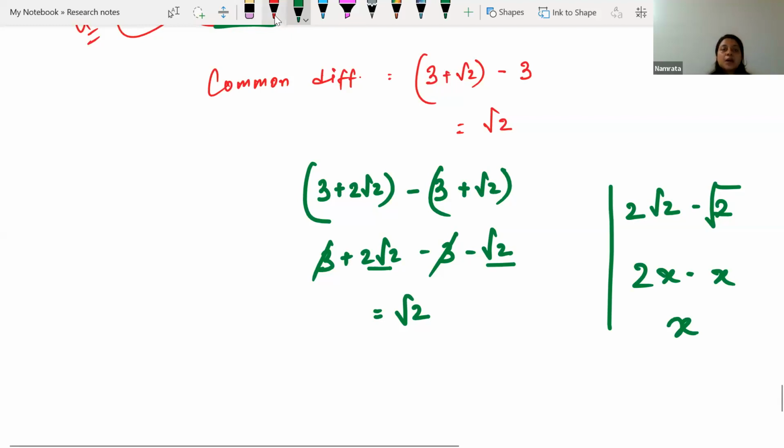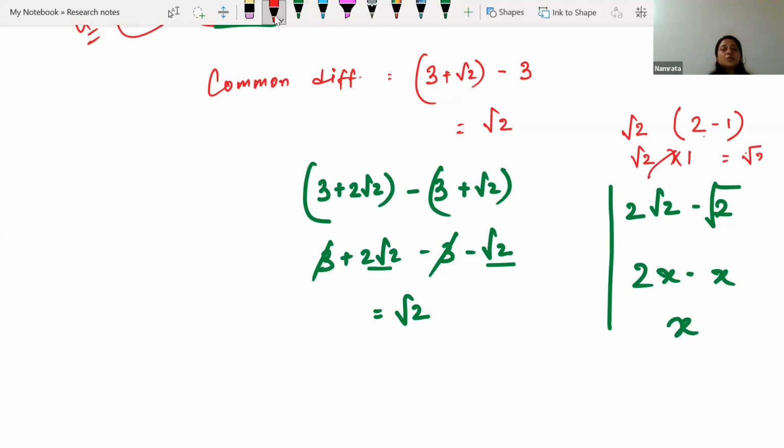This concept came from taking root 2 common and doing 2 minus 1. We are taking root 2 common, 2 minus 1 is 1. So basically it became 1 into root 2 or 1 root 2 or only root 2. Getting? Yes. Is it clear to everyone? Is it clear? Yes, ma'am.